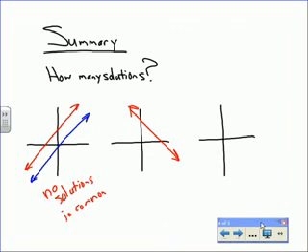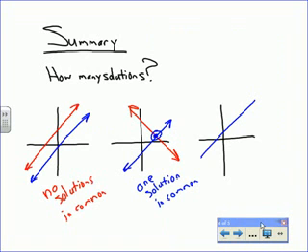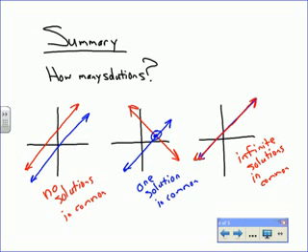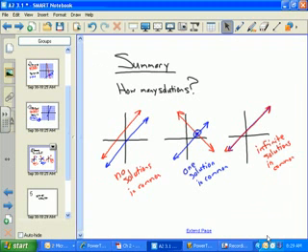You can have lines that intersect, and you have one solution in common. Or they can just be different forms of the exact same function. If they overlap, then you would say you have infinite solutions in common.